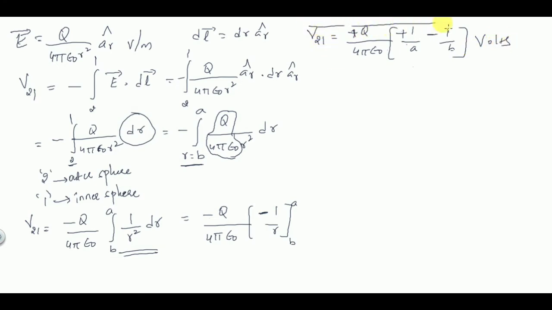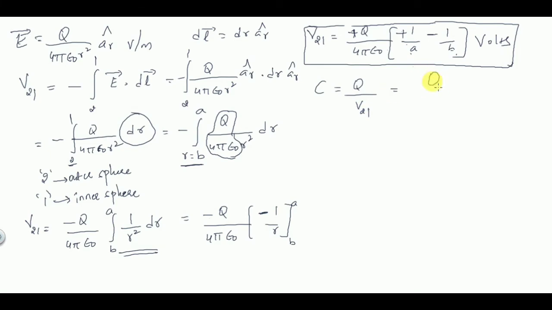So this is the formula for potential in the case of spherical capacitor. Q by 4 pi epsilon naught into 1 by a minus 1 by b. a is the radius of the inner sphere, b is the radius of the outer sphere. Once you have V21, that is potential, you can calculate C, that is Q by V21.